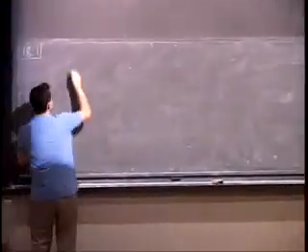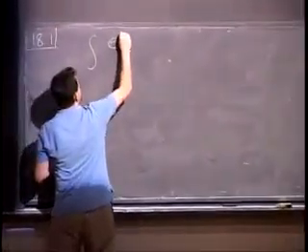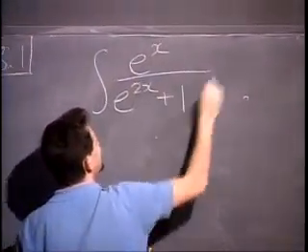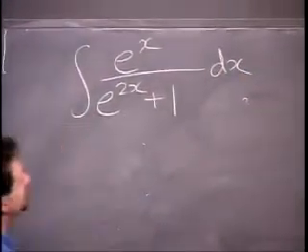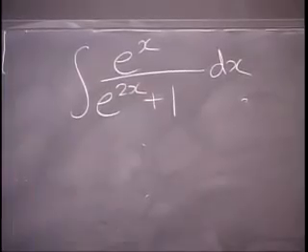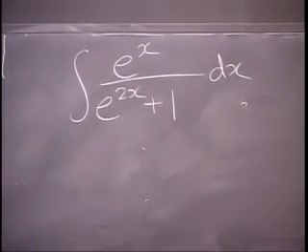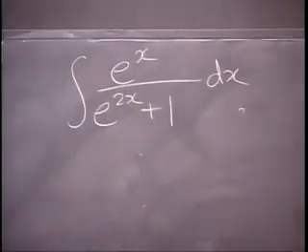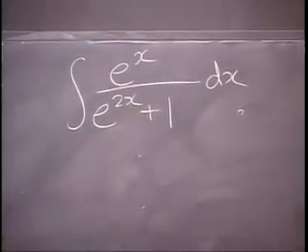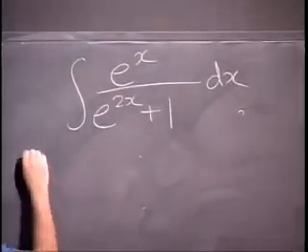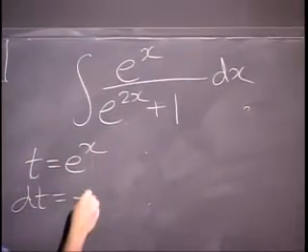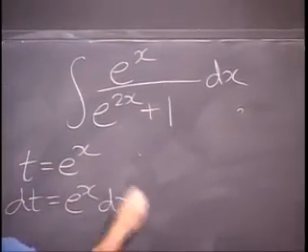So consider this example. E to the x over e to the 2x plus 1 dx. Well, there's a number of things you could substitute. You could try e to the 2x plus 1, but the derivative of e to the 2x has an e to the 2x in it. That's not what we have up the top. So let's just try t equals e to the x. You get dt is e to the x dx.